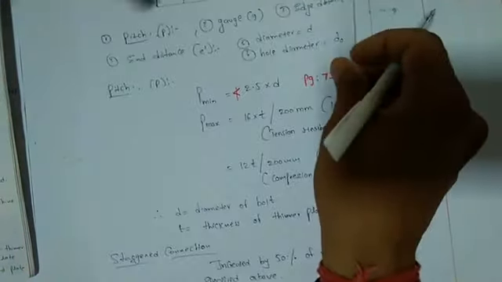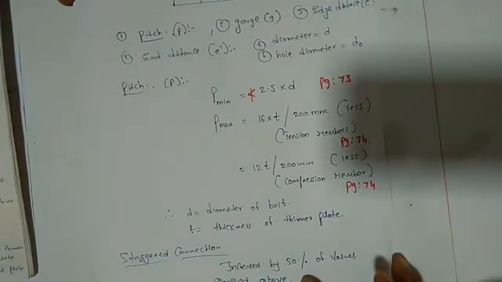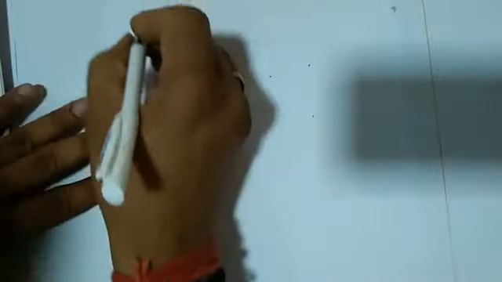See, for every connection, the minimum pitch is common. The minimum pitch is 2.5 times of d. But the maximum pitches vary based on the type of connection. The maximum pitch is different for chain connection, different for staggered connection, and different for butt joint or butt connection. So let me write for butt joint.